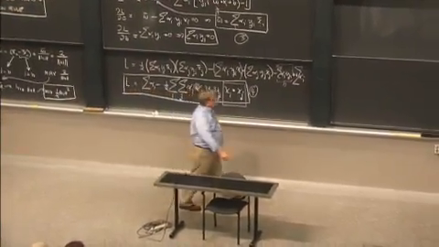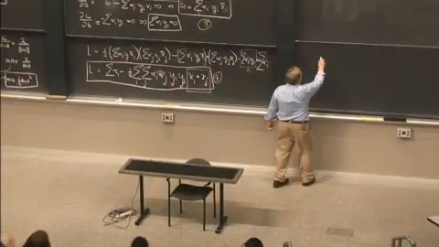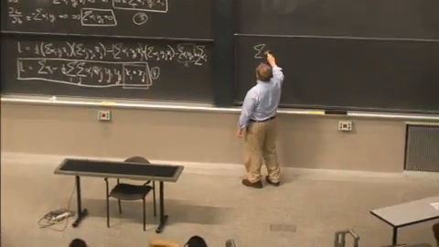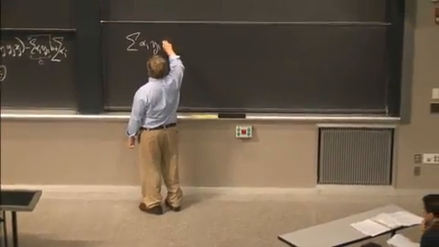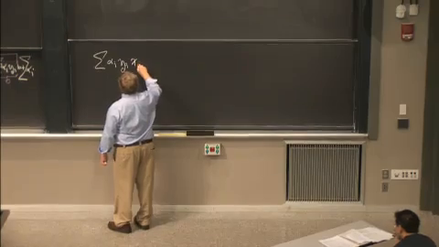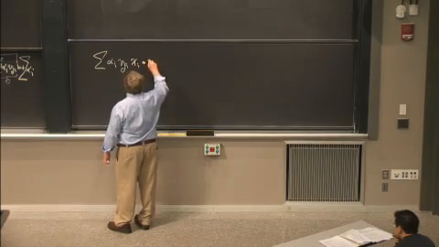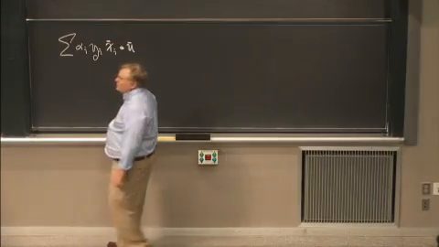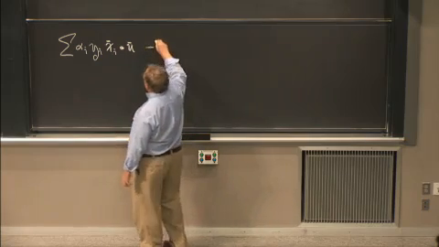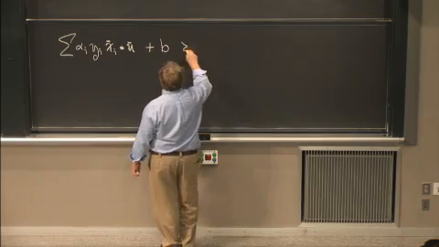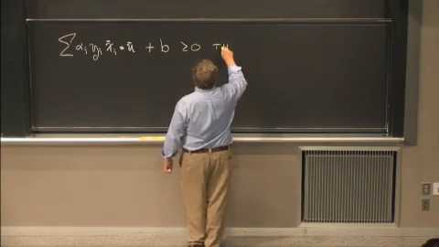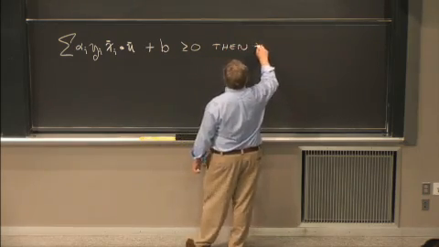So the decision rule is going to look like the sum of alpha_i times y_i times x_i dotted with the unknown vector, like so. And we're going to subtract, I guess add b, and we're going to say if that's greater than or equal to 0, then plus.